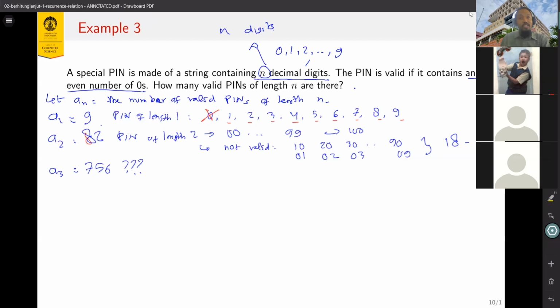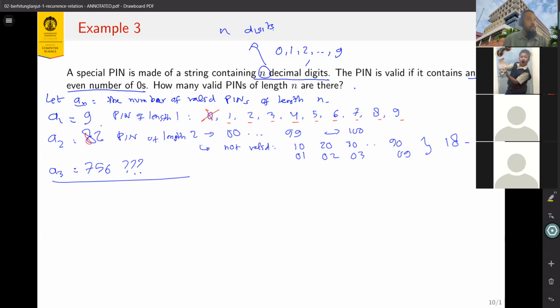If you look at the numbers, it's hard to see the pattern. So let's model it this way. We have an, the number of valid pins of length n.